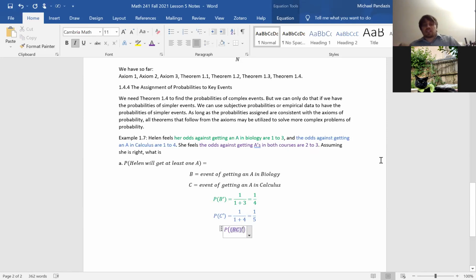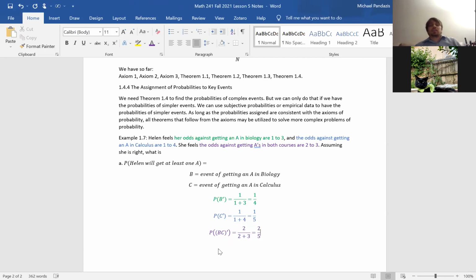So it would be B and C in parentheses and then prime. And so the probability of not getting an A in both courses is, the odds are 2 to 3. And so that means the probability is 2 divided by 2 plus 3, so the probability is 2/5.